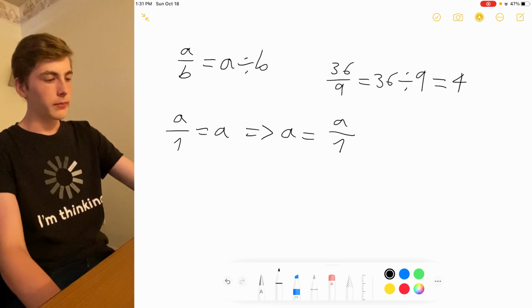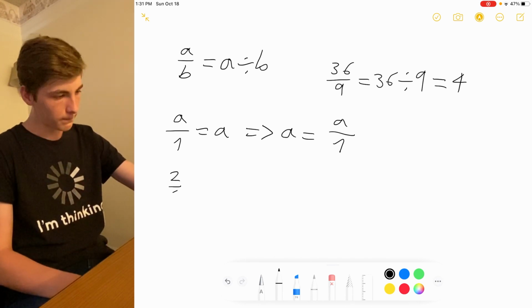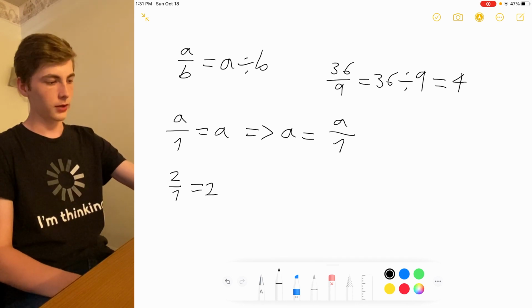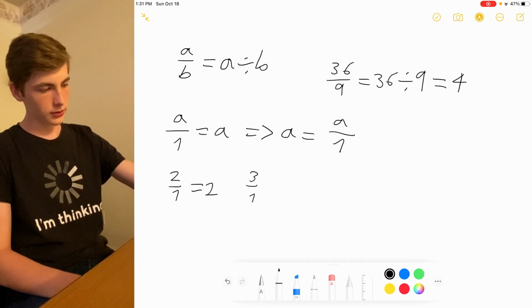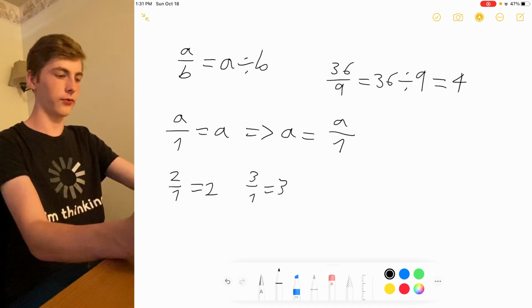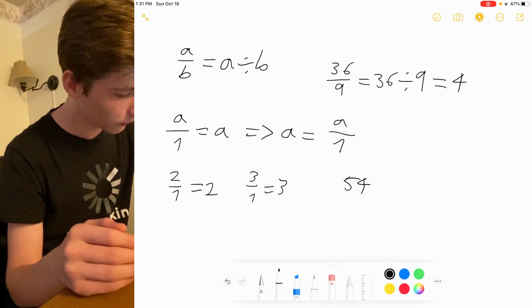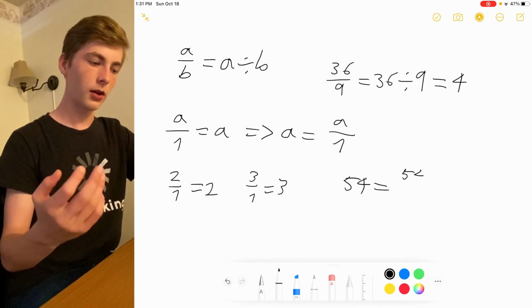What do I mean by that? Well, let's take 2 over 1, that's equal to 2. If we take 3 over 1, that's equal to 3. If we look at the second way of writing it, we could say, okay, 54, what's that going to be the same as?